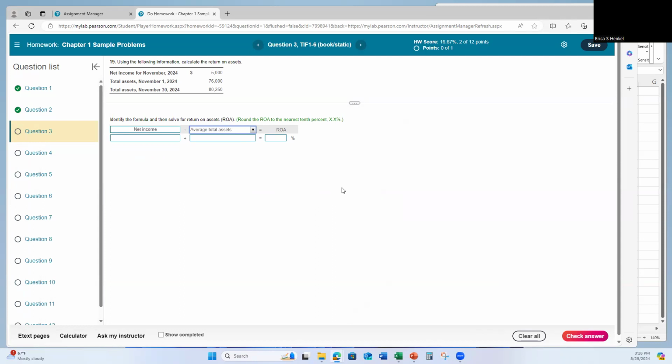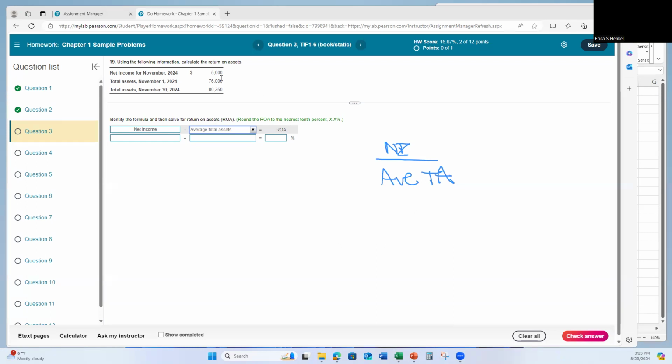Return on assets is how effective we are at making income using the total assets that we have, and so it's what is referred to as a financial statement ratio. So we're going to take our net income divided by our average total assets, which I'm going to put TA for, average total assets.